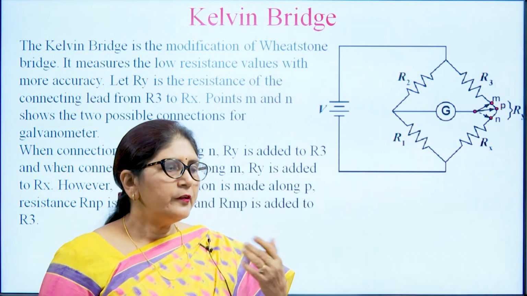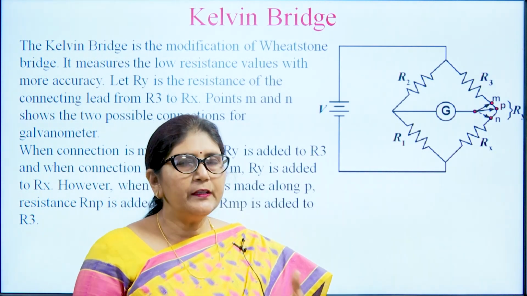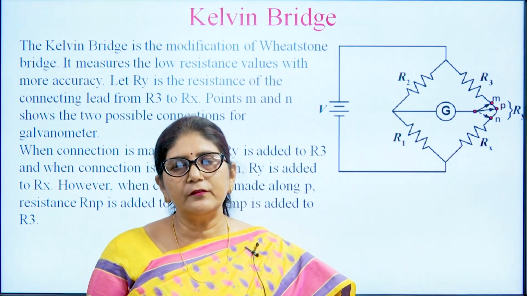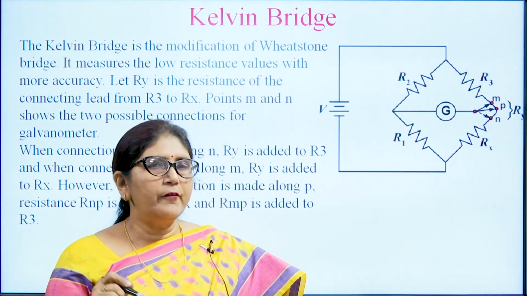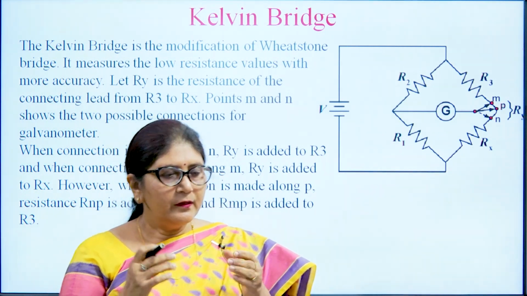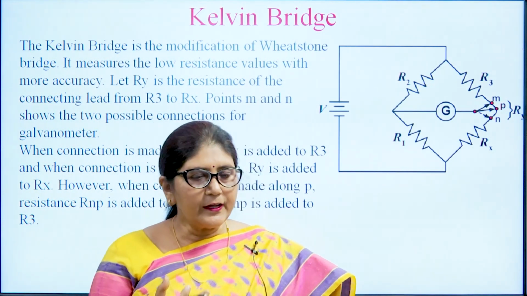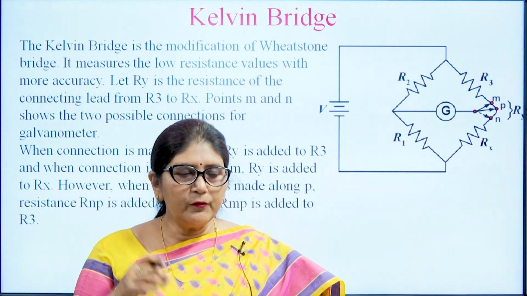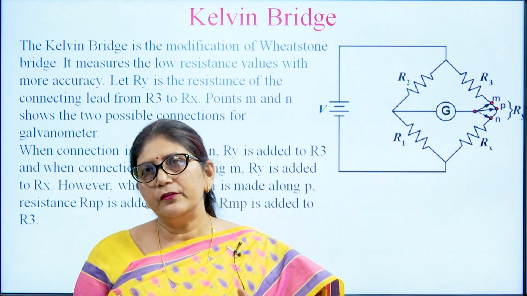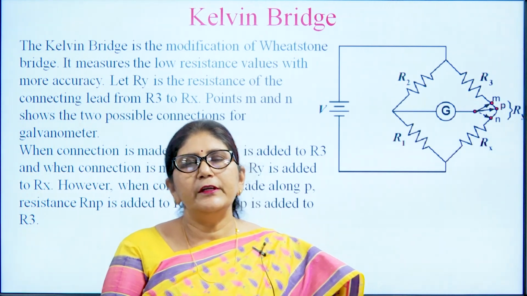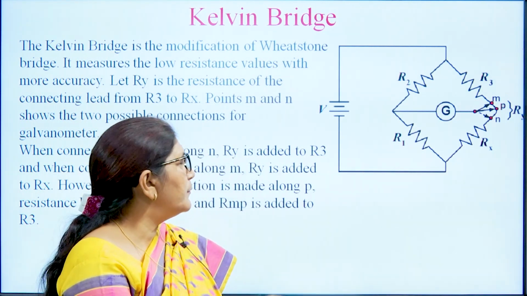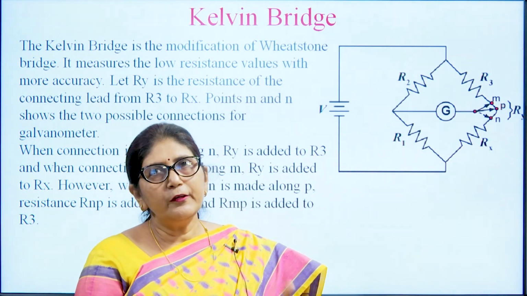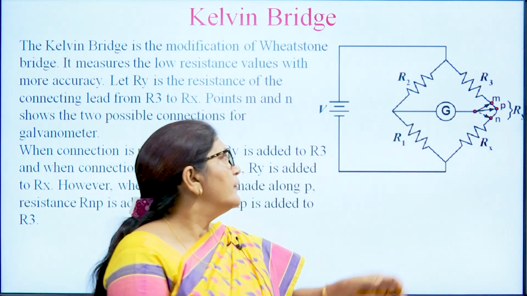What is the basic problem in the Wheatstone bridge? If we want to measure a very low resistance, then the resistance that the wires of the Wheatstone bridge have is also included in that measurement. So, to measure a low resistance, we use the Kelvin bridge. In the Kelvin bridge, the problem is that if Rx is of low value, we place a low value resistance R3.